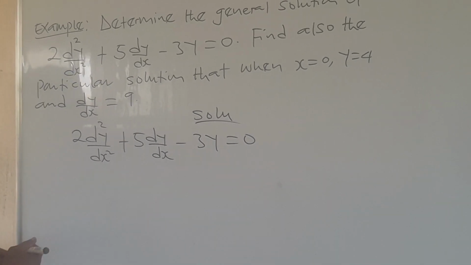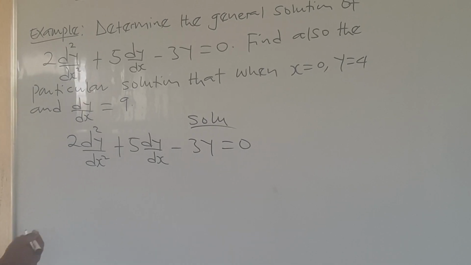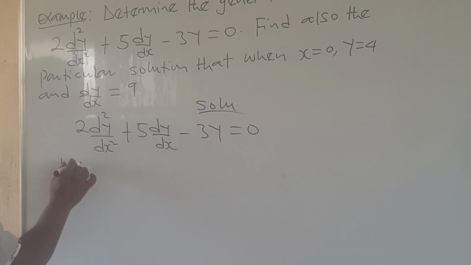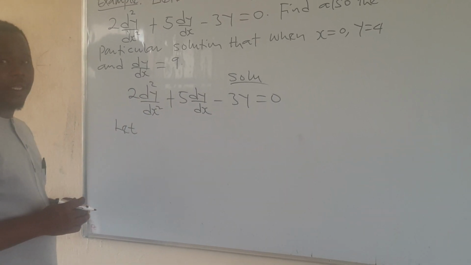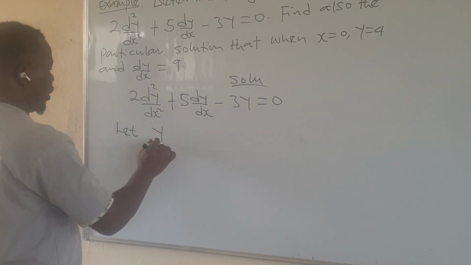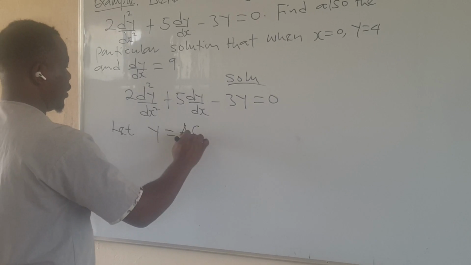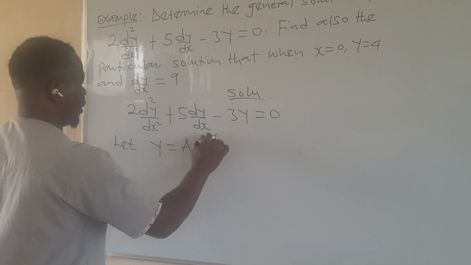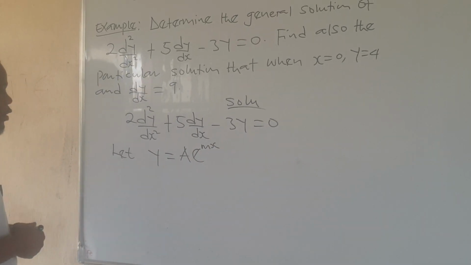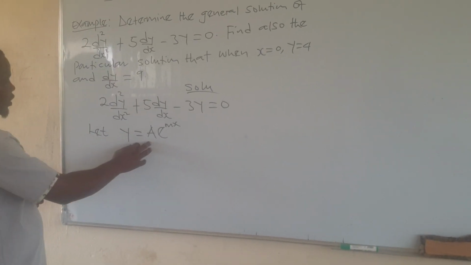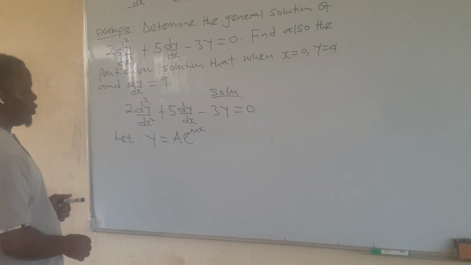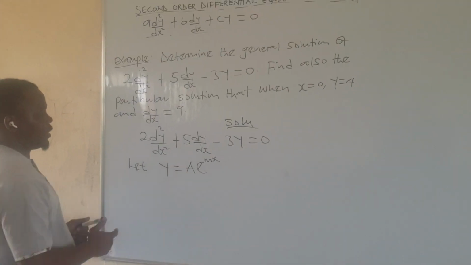First, since the dependent variable here is y, let y equal A exponential mx, is that clear? So that we can differentiate this function with respect to x twice.